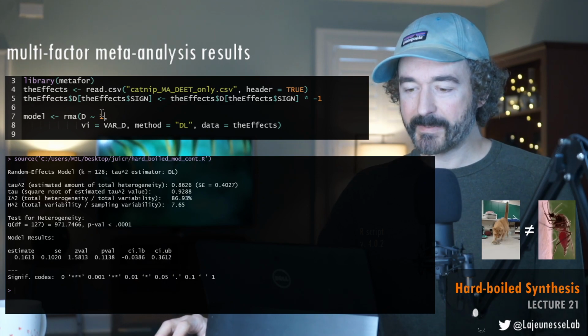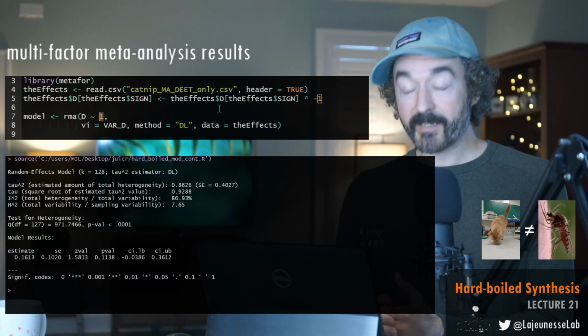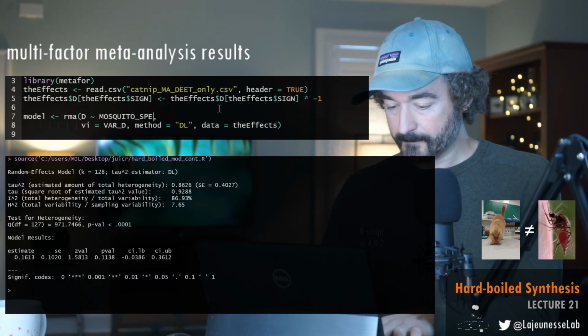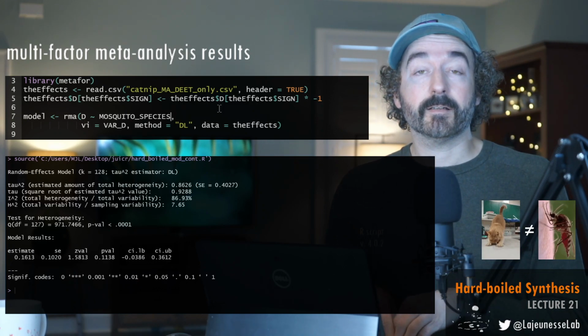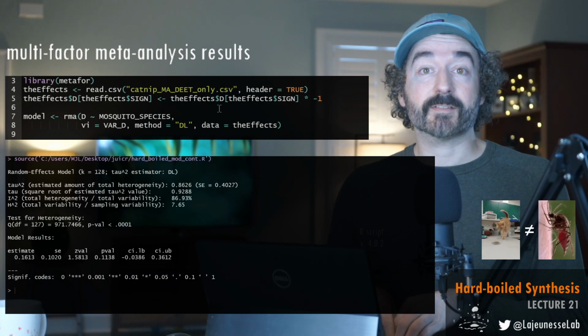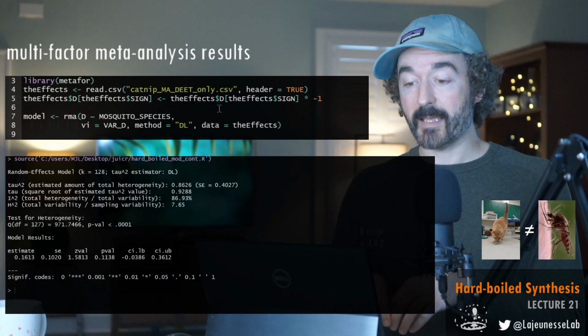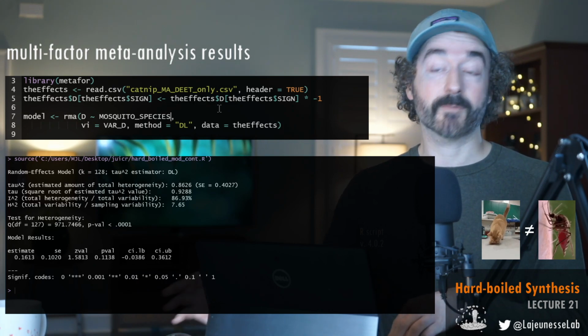All right, so we're going to slowly build the model, starting with mosquito species. And so now the meta-analysis model includes this categorical factor, which parses all of these effects into the different species of mosquitoes.